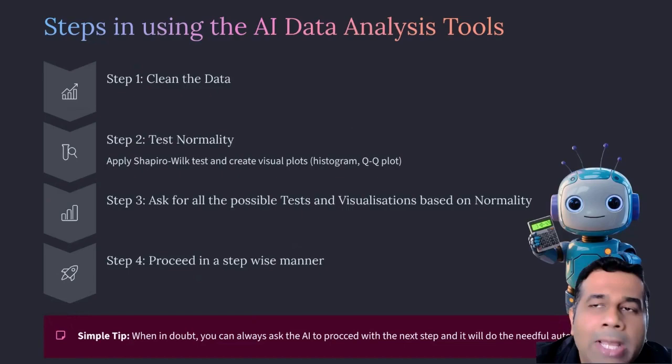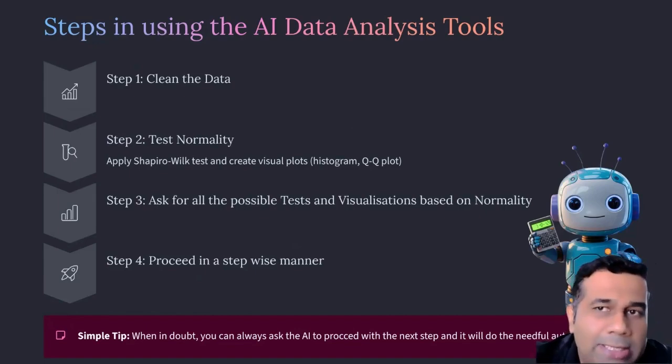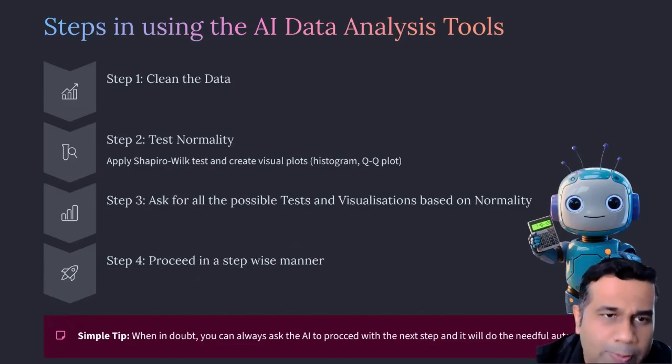This is really fun, and the best part is it is very easy to do and completely beginner friendly. It is very easy to understand, very easy to master, and you don't need thorough knowledge of statistics. So this is highly suitable for a clinician to easily do the entire statistics, and you will be able to publish in a high impact journal, because AI will automatically tell you which advanced visualizations and advanced tests are possible. For example, it will tell you that you can do a violin plot here.